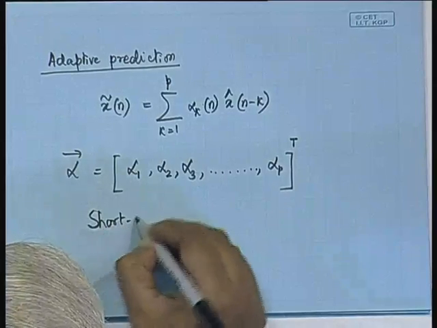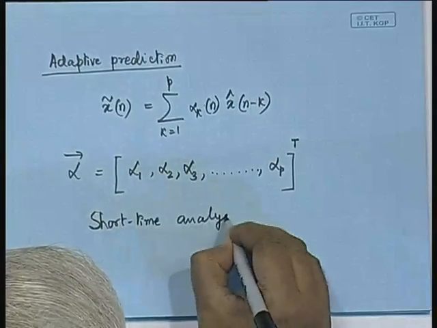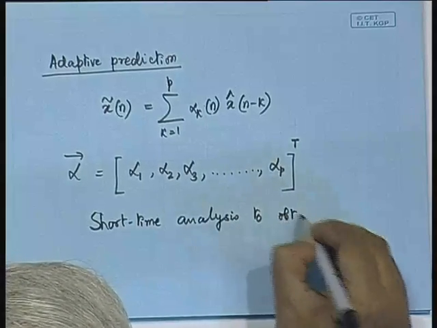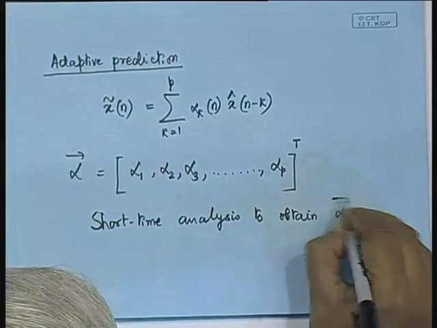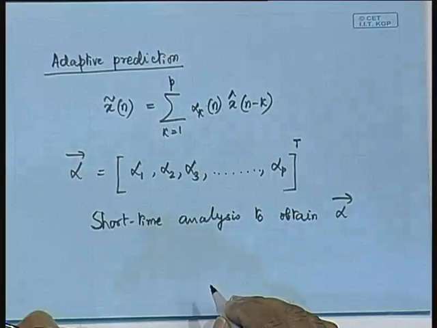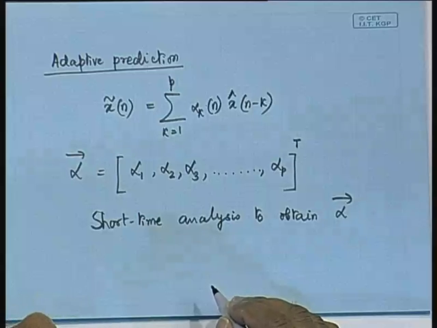So, that means to say that you are having definitely a short time analysis. So, you are doing a short time analysis to obtain the elements of the alpha vector, because during that short time you are assuming the properties of the speech waveform to remain constant.